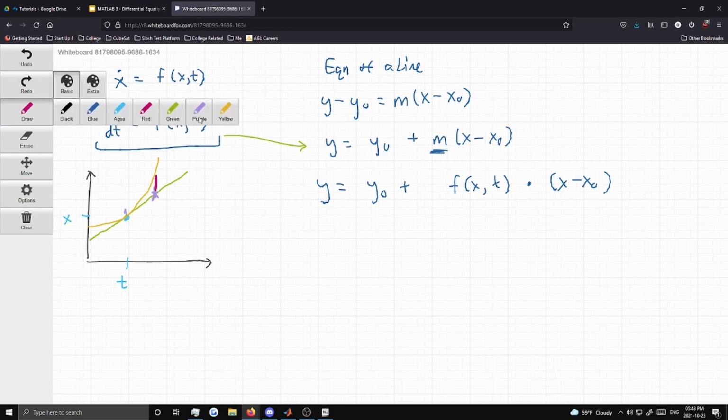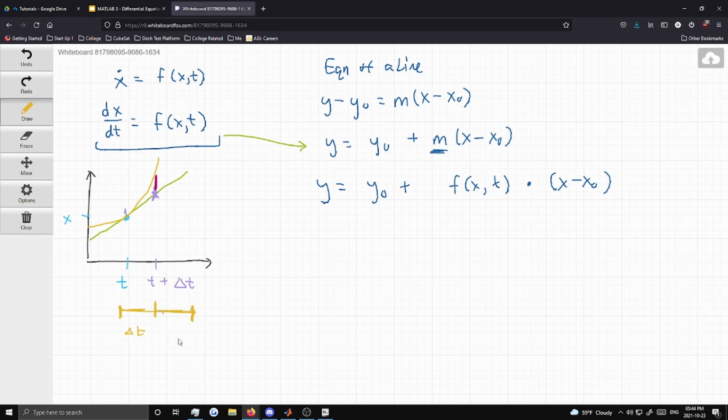And furthermore, this would be the point t plus your small time step, so delta t here. And for Euler's method, we assume that this time step right here is constant. We just assume it's delta t, and the next time step will be another delta t, and so on and so forth. So if we were to change the equation we had for a line, so this is a general line.